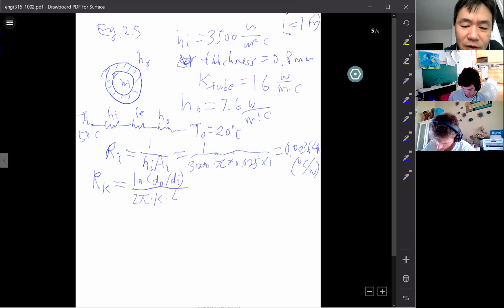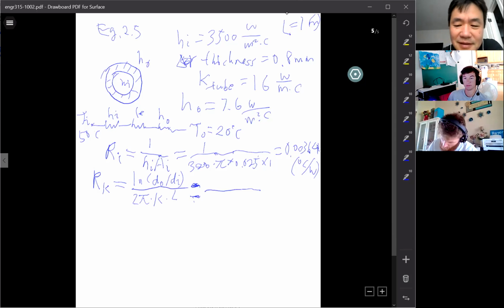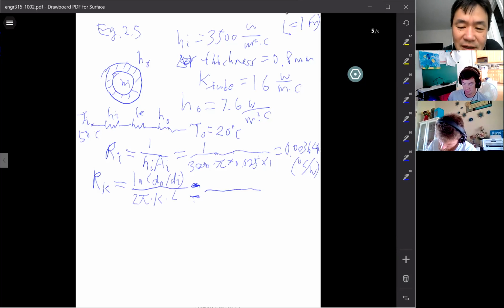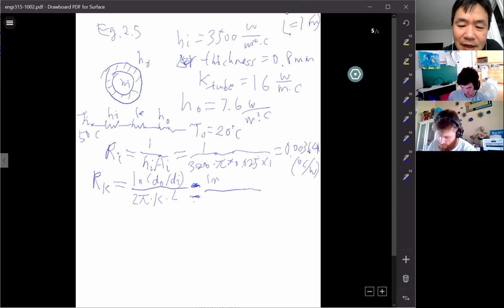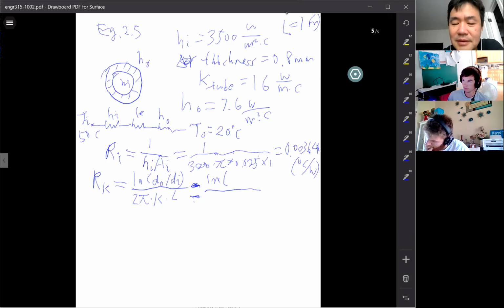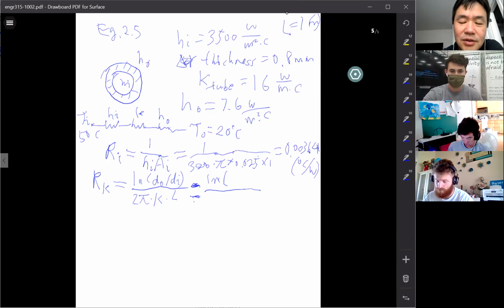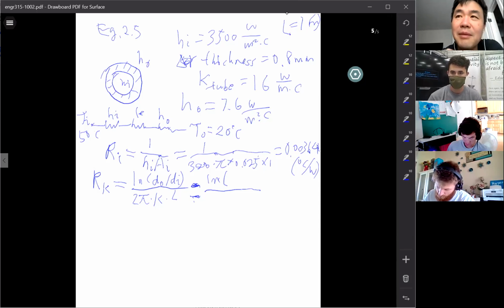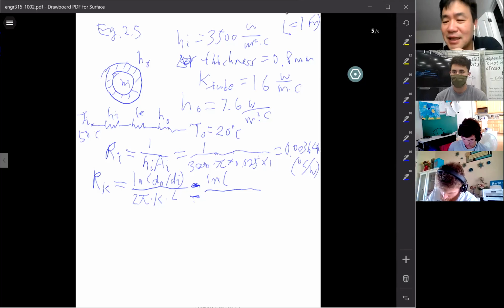So be careful on the inner outer diameter calculation, right? Last time I made a mistake, right? So it's log outer diameter divided by inner. What is outer diameter? Okay, so inner diameter is 2.5 centimeter, right? 0.8 millimeter? Yeah, so the diameter, 2.5 plus 8 millimeter times 2, both sides has 8 millimeter.